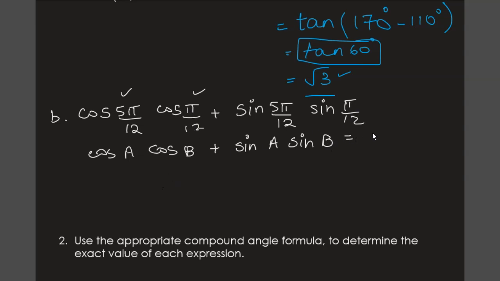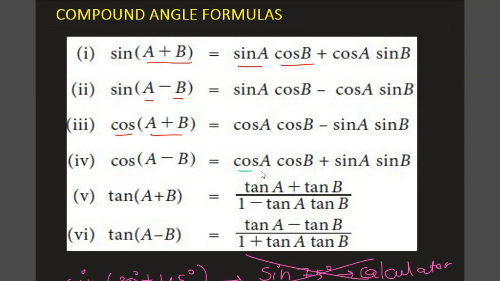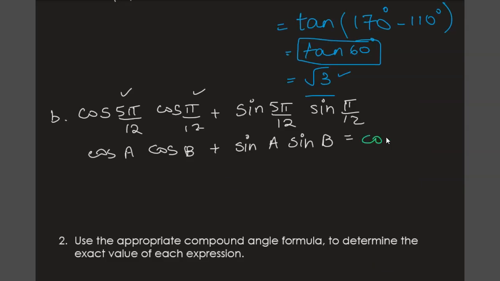So this is nothing but, when we check here, cosine A times cosine B plus sine A sine B, which can be written as cosine A minus B. So this whole expression can be written as cosine of 5 pi by 12 minus pi by 12.